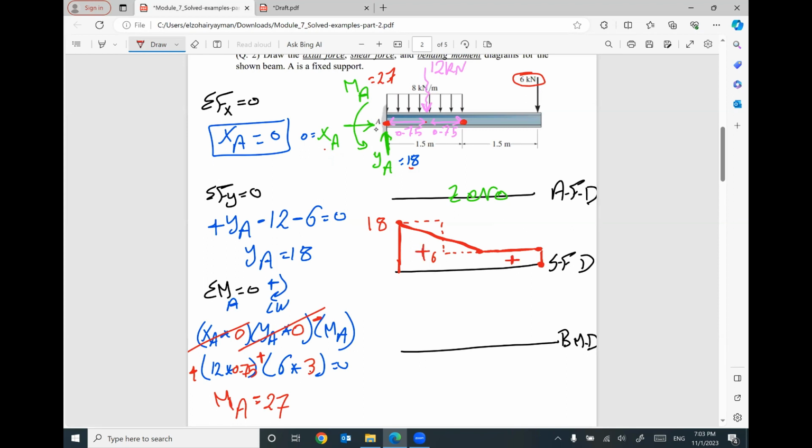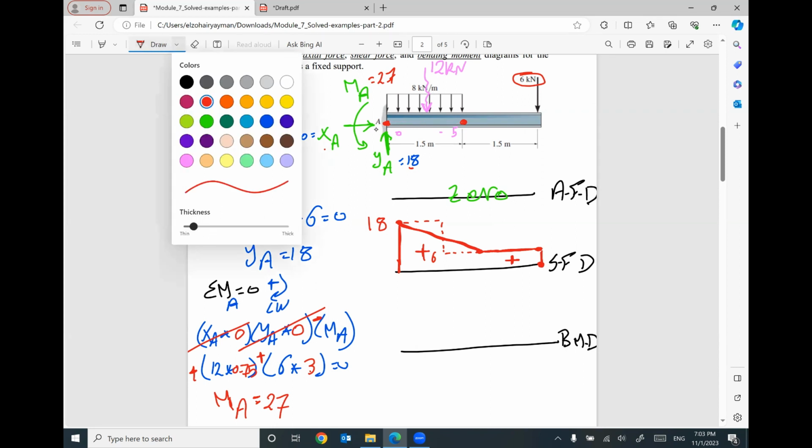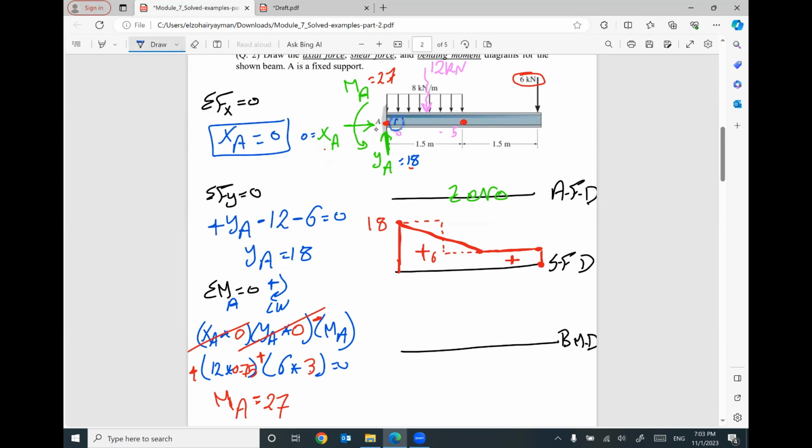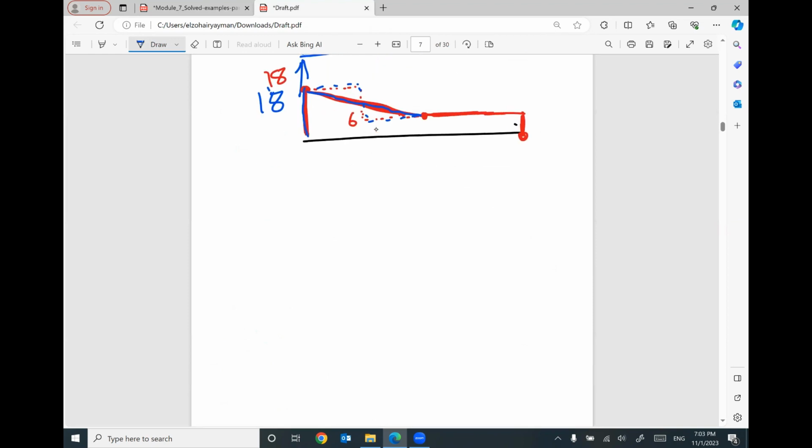Your bending moment diagram, I'm looking to figure out what is the bending moment diagram at this location. Number 1, number 2, and number 3. What is the value at M1? What is the value at M2? What is the value at M3?